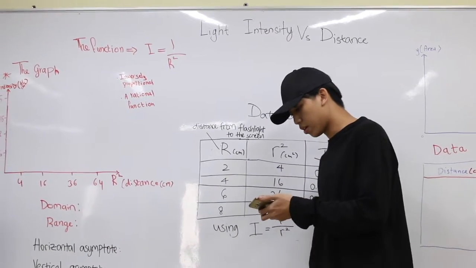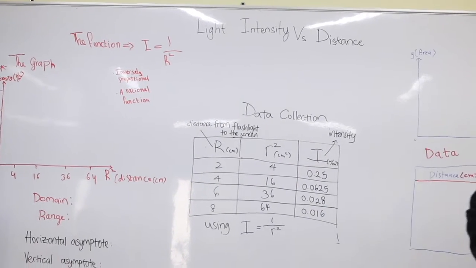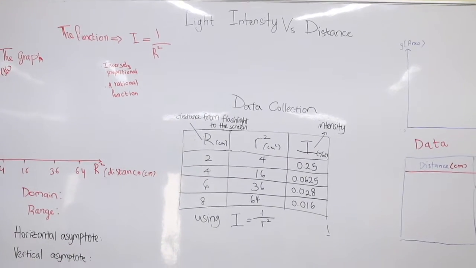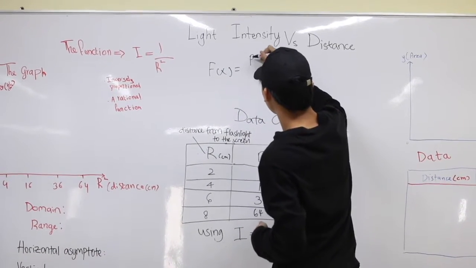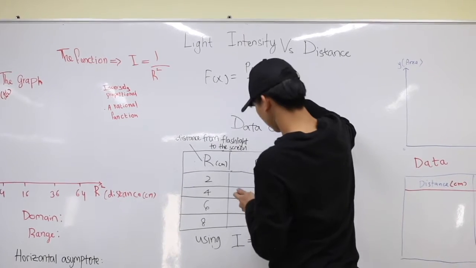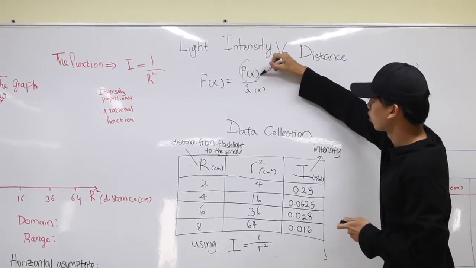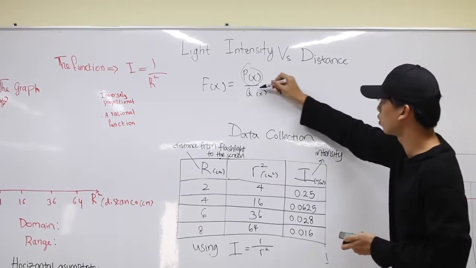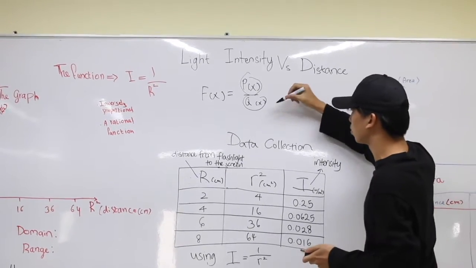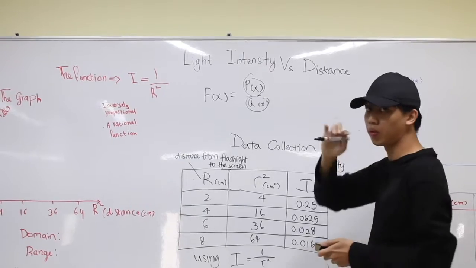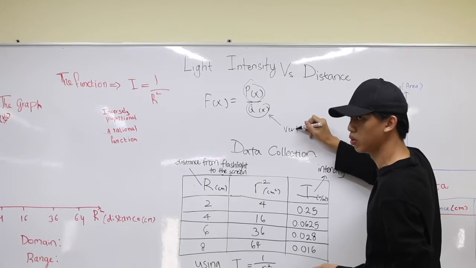For example, a function is called a rational function when it's in this form, where P and Q are polynomials in x, and Q is not zero. The zeros of the polynomial Q are the vertical asymptotes.